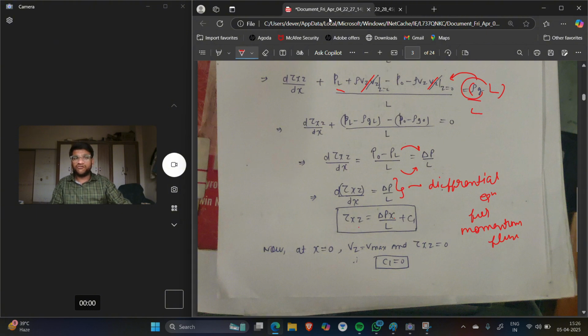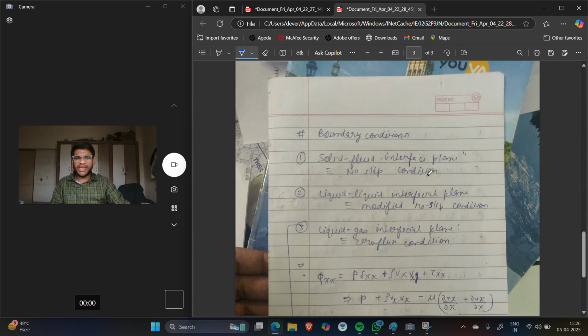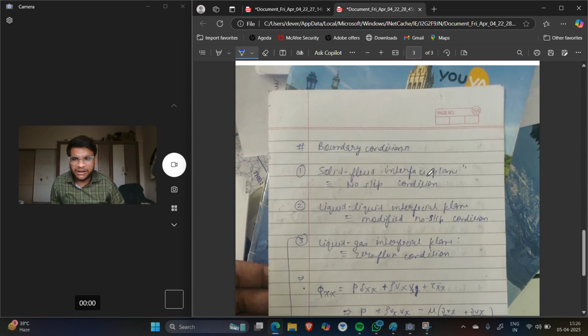Okay, so let's move on to what those boundary conditions are. When you approach such a problem, there are basically three boundary conditions. First one is the no slip condition, which I have discussed earlier also. If there is a ball and the fluid layer just adjacent to the ball, they both will have the same velocity.